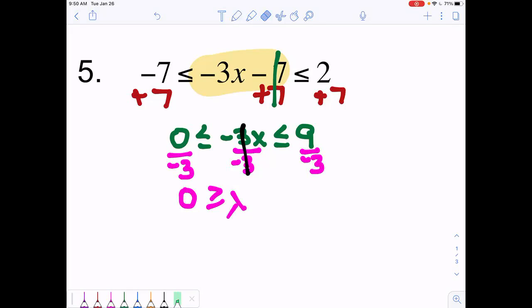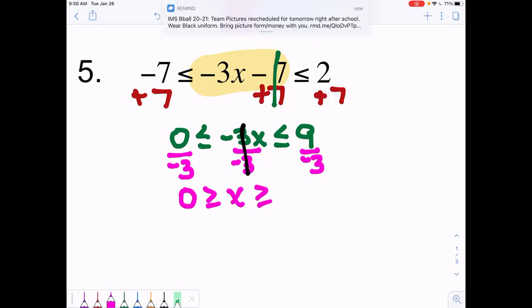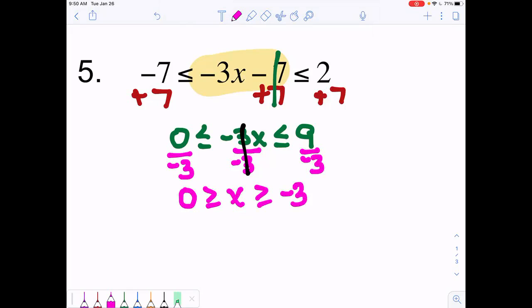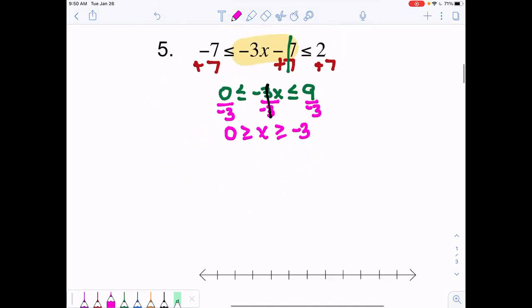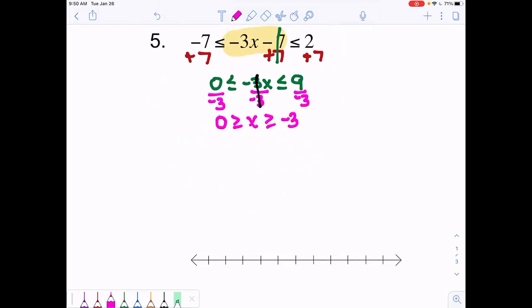And then we have an x because our numbers cancel. So that's a sloppy x. And then the sign flips again. 9 divided by negative 3 is negative 3. This is a compound inequality. So we're going to go to this little number line that I have down below.